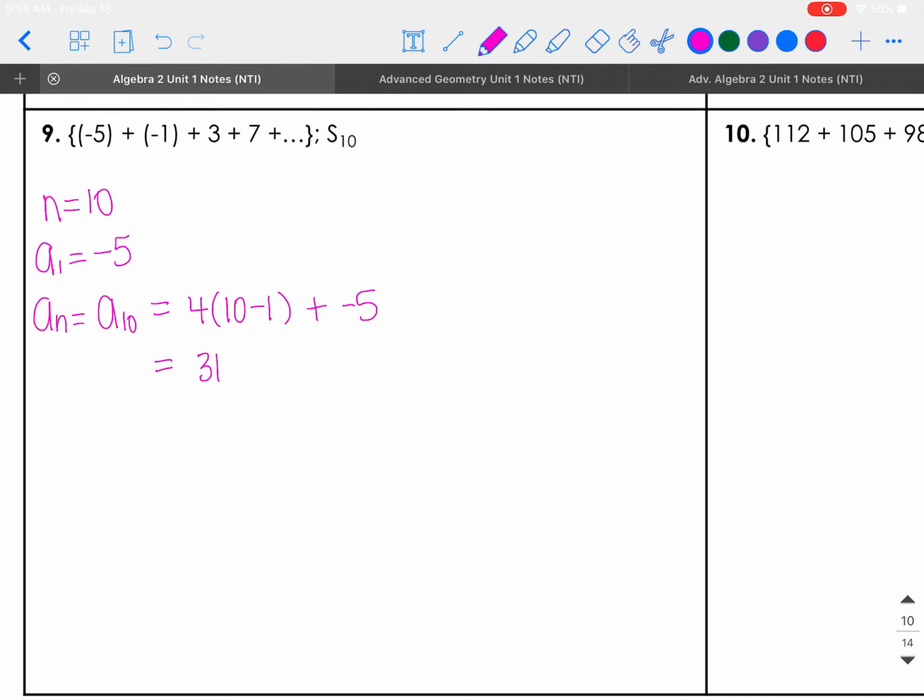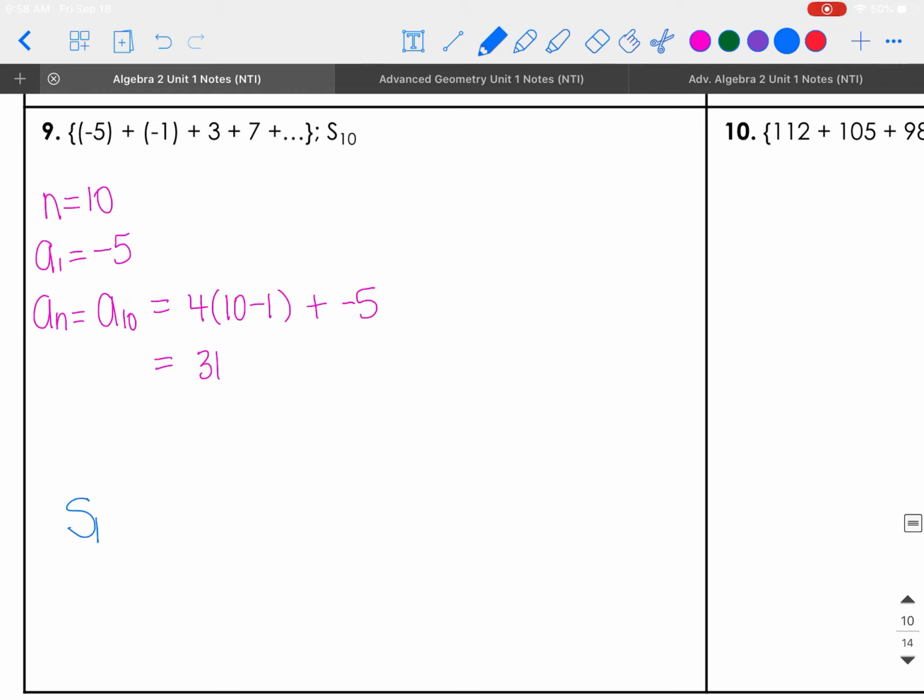So the 10th number in that spot is 31. And for this one, we get 130 for that sum. So the sum, if I take all the terms, 10 numbers that I'm adding together, they're going to add up to be 130.